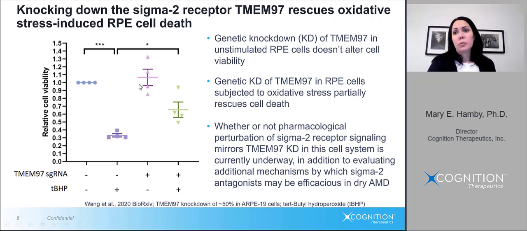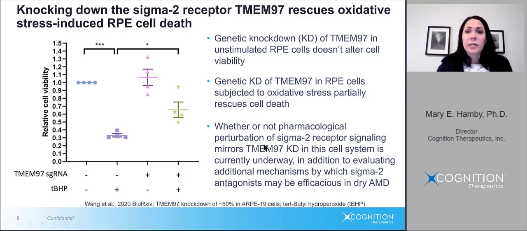However, when presented with the oxidative stressor, the amount of cell death that is elicited is significantly reduced compared to the same cells that express normal levels of TMEM97. So this is really exciting. Whether or not pharmacological perturbation of sigma-2 receptor signaling mirrors this genetic knockdown of TMEM97 is currently underway, in addition to evaluating additional mechanisms by which sigma-2 antagonists may be efficacious.